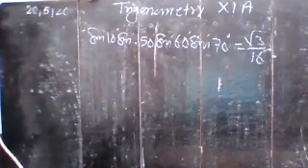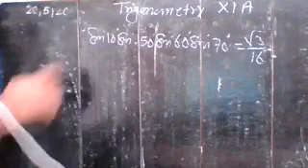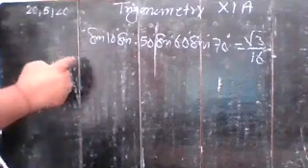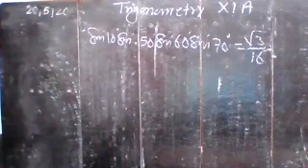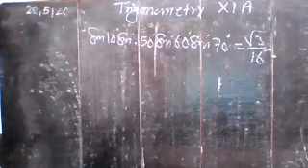You put it there, and your identity is 2 sine A sine B. So you have to multiply and divide by 2, so that it is in the form 2 sine x sine y. And 2 sine x sine y is equal to cos x minus y minus cos x plus y. So using that you can find its value.